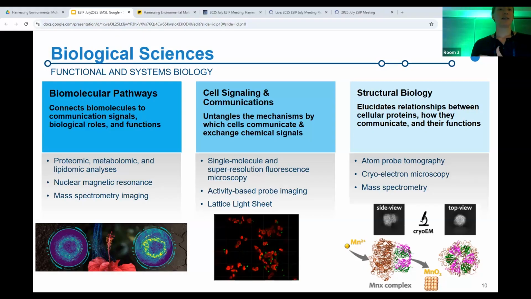And in this example, we're looking at a protein that plays a role in manganese biomineralization. So looking at those really small biomolecules, but also really complex, right, in the different folds, to understand how that connects to the environment and how things are cycling.